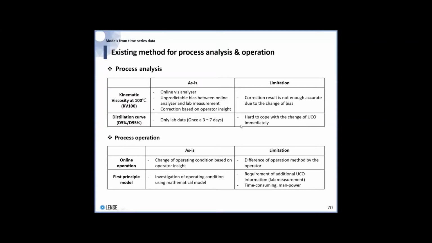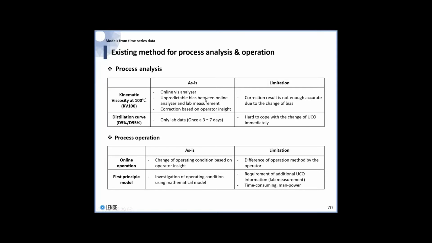They had the online analyzer and lab measurements, and they didn't match, and there was unpredictable bias. So what they ended up doing was looking at a 3 to 7 data span, averaging the bias, and then adding that bias.